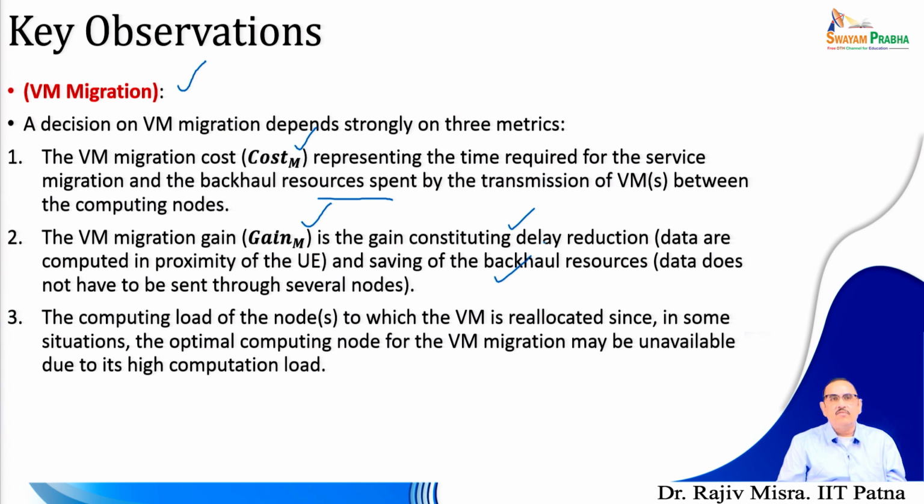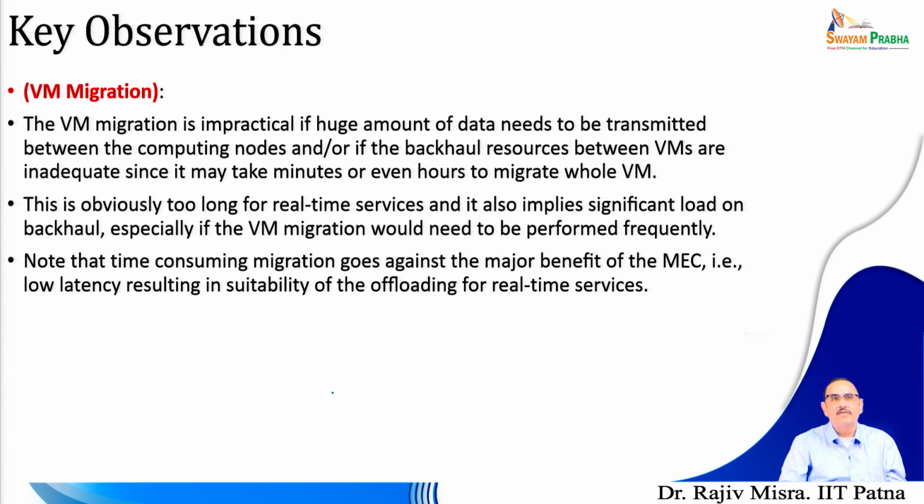The third is the computing load of the node to which the VM is reallocated, since in the same situation the optimal computing node for VM migration may be unavailable due to the high computation load. These are the criteria which decide about the VM migration.